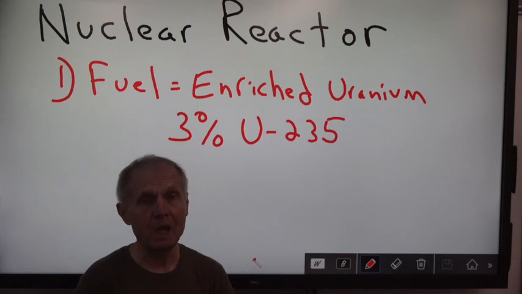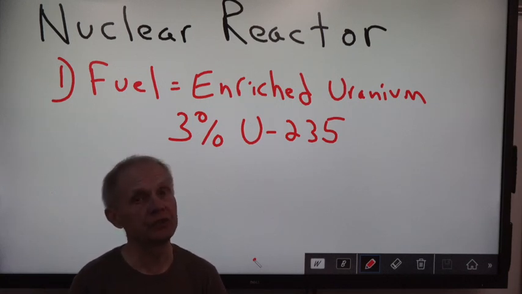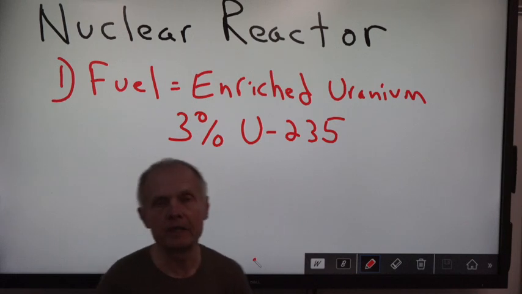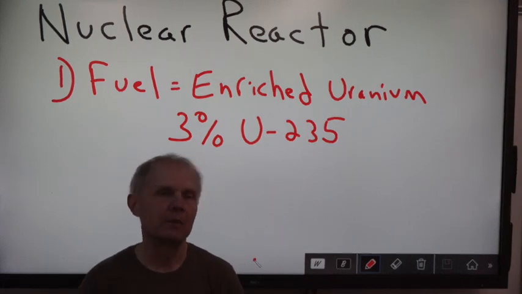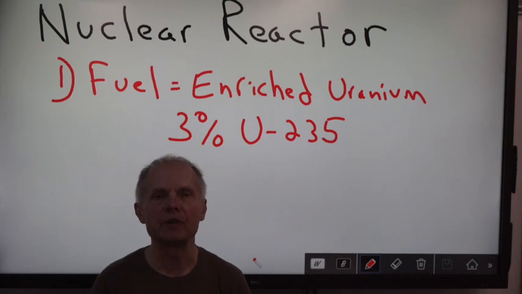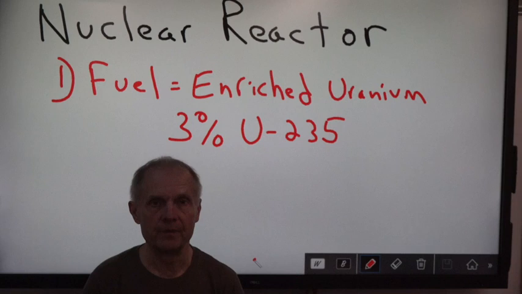Now, I told you before, they have to have something to slow down the neutrons, because once they come flying out of uranium-235, they're very fast. And they would go right through other uranium-235 nuclei without doing anything. So they have to slow them down.